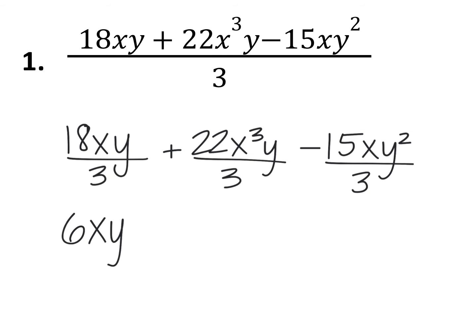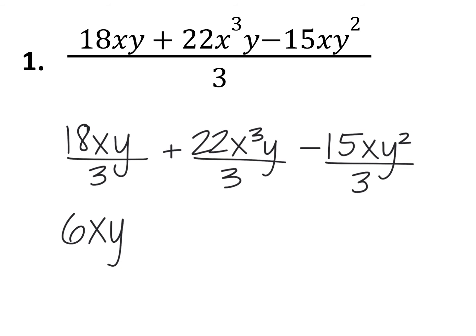Maybe you can do it. 21 divided by 3 is 7. So 22 divided by 3 would be 7 1/3, or 7.3 repeating, but I do not want you to write that down. What you need to do in problems like this is think, can I simplify this fraction? Like, can I reduce it in any way?